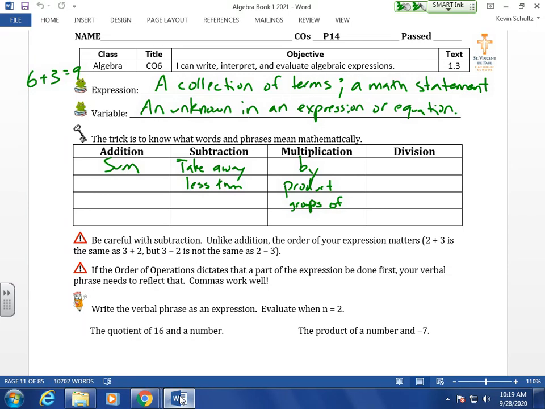Okay? And then for division, that word groups can also be used for division, but if we're talking about putting things into groups, right? You're dividing something into groups or putting and then all usually follows that too. Okay?